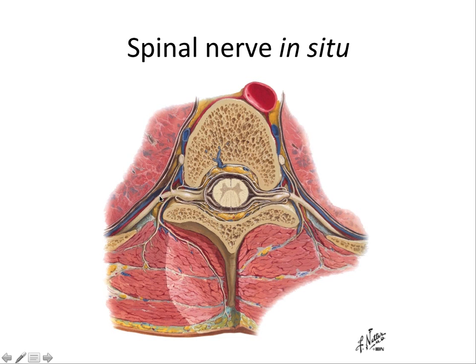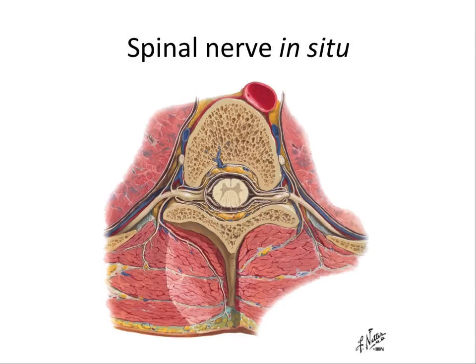And here we can see the ventral primary ramus. Where's that going to go? Well, everywhere else. And we're going to be looking later in the lecture on what the fate is of the ventral primary ramus. But first, I'd like to talk a little bit about the different spinal nerves.